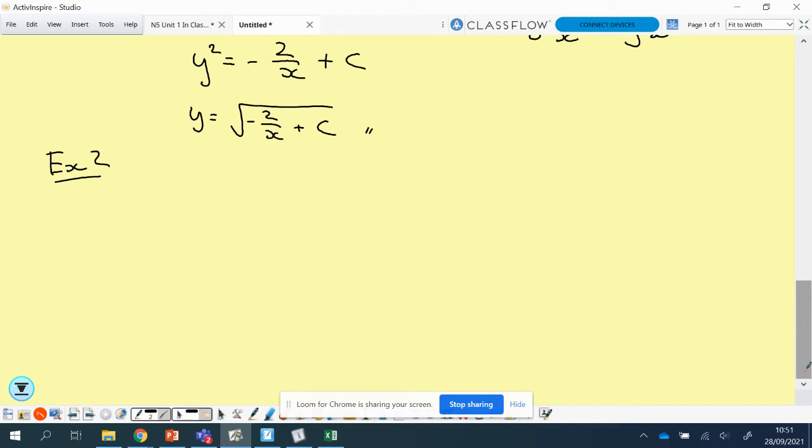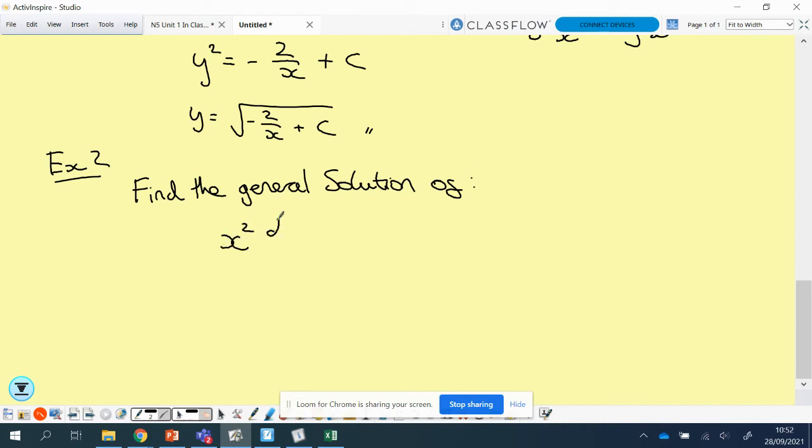So let's go to example 2. Let's find the general solution of the equation x squared dy by dx equals y plus 3.